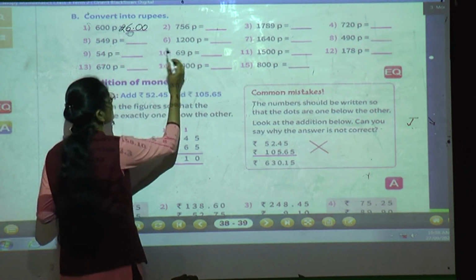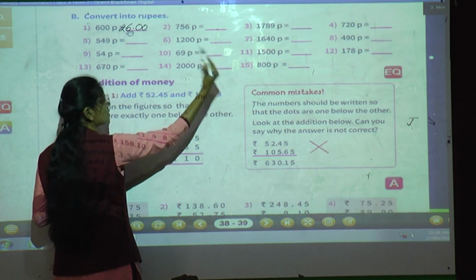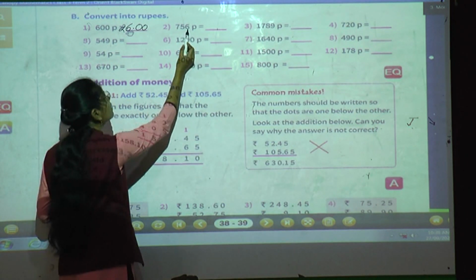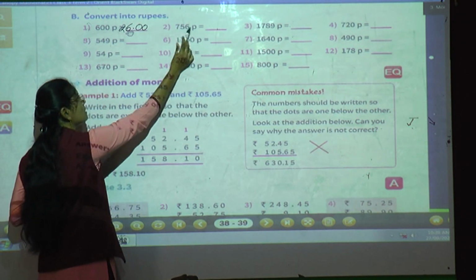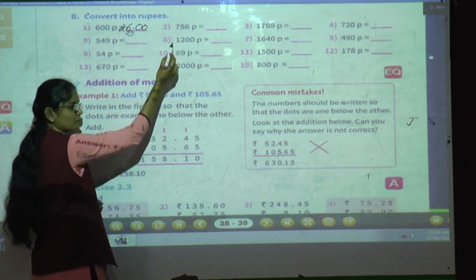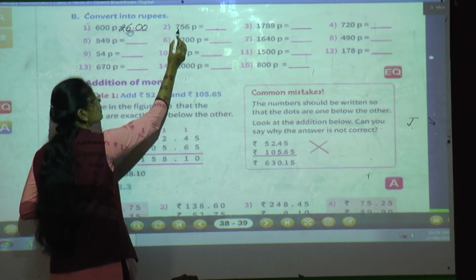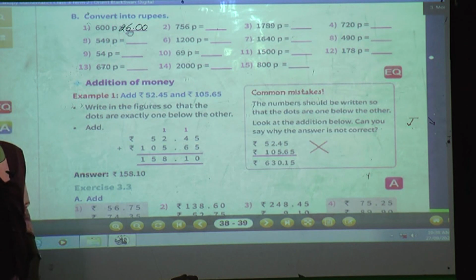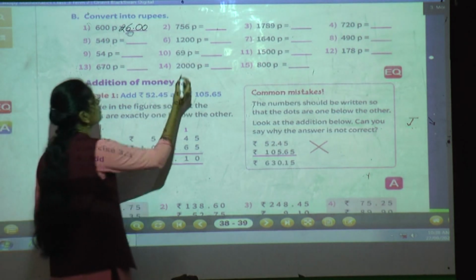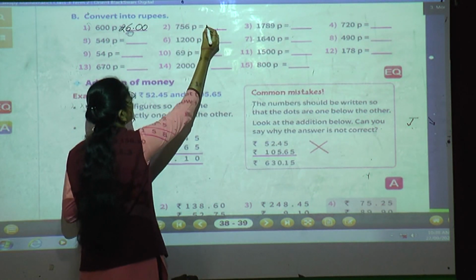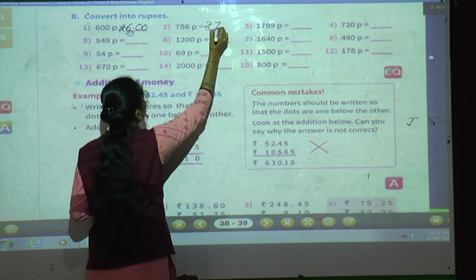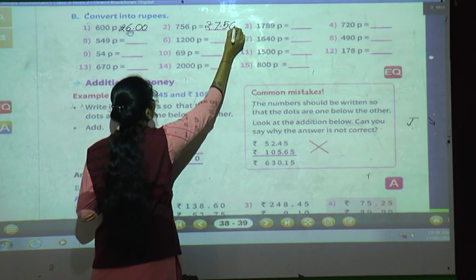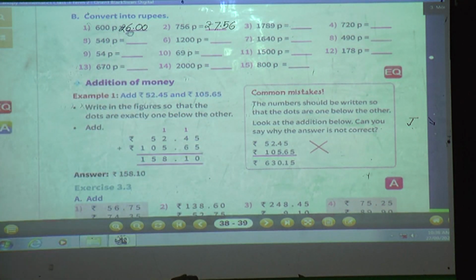In this number the second digit from the right side is 5. So before 5 you have to put a dot. So 756 paise is equal to rupees 7.56. Okay, now we'll move to the third example.